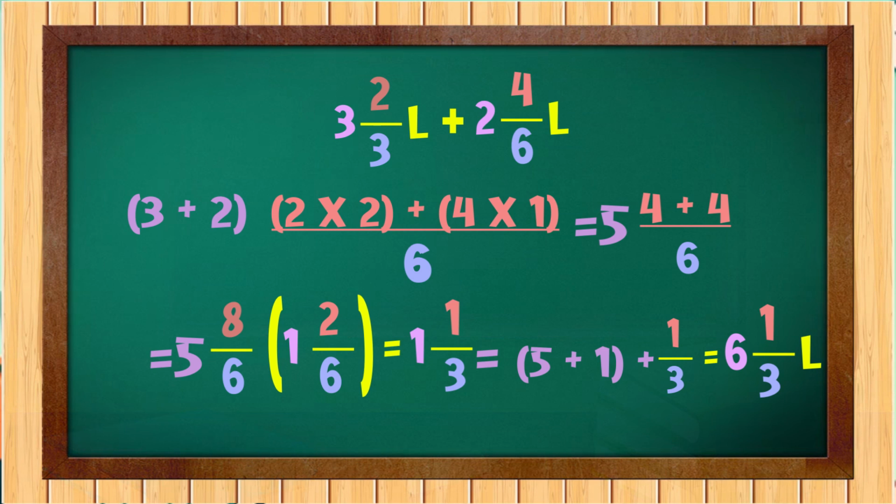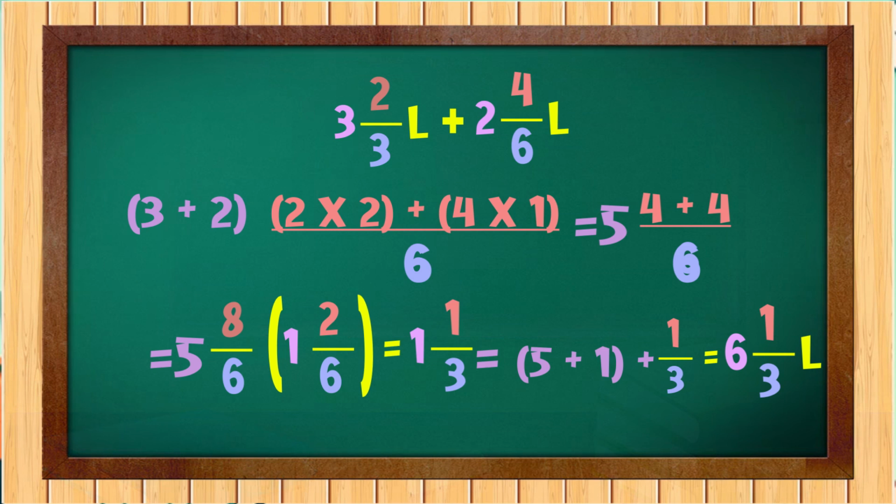That represents the whole number. 2 times 2 will give us 4. 4 times 1 will give us 4. 4 plus 4 equals 8. So we have 5 and 8/6, which is not in its simplest form. 8/6 is an improper fraction.